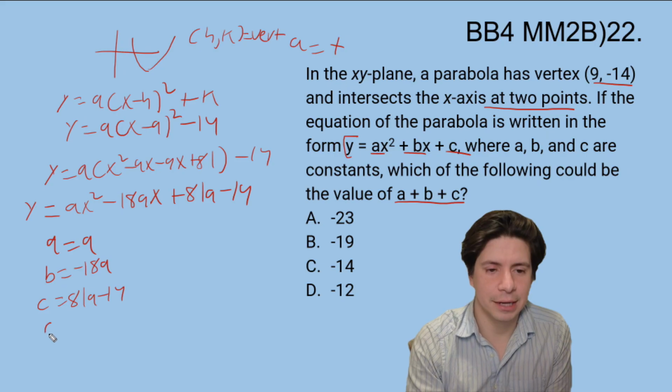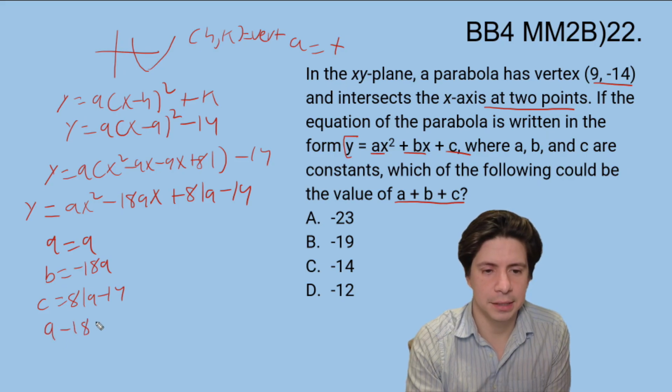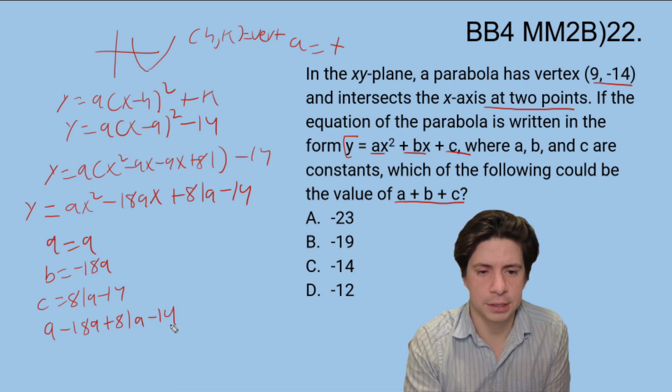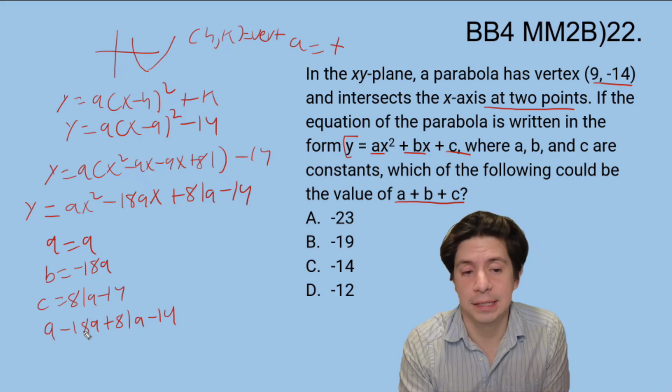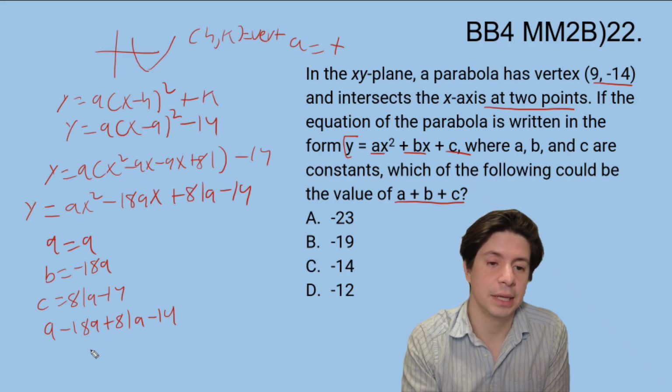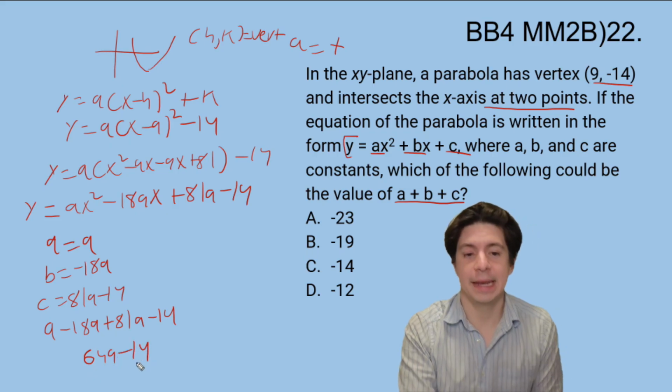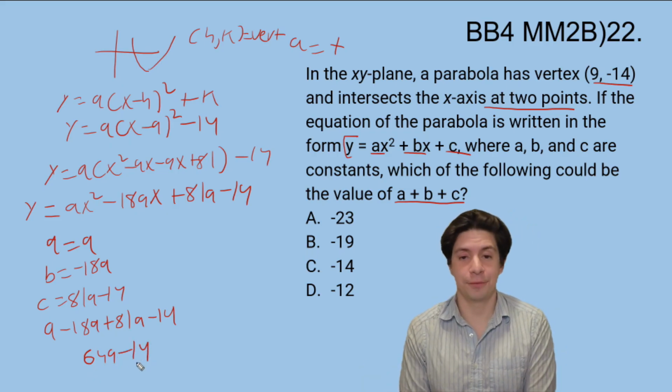So combined, we're going to have a minus 18a plus 81a minus 14. And then a minus 18a is going to be negative 17a, plus 81a, it's going to be 64a minus 14. And now we really reach the point where we can't go further, right?